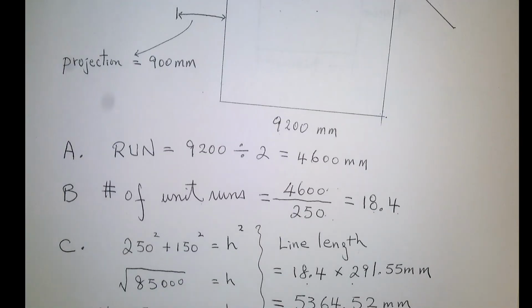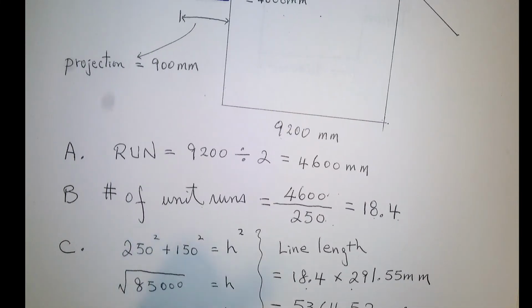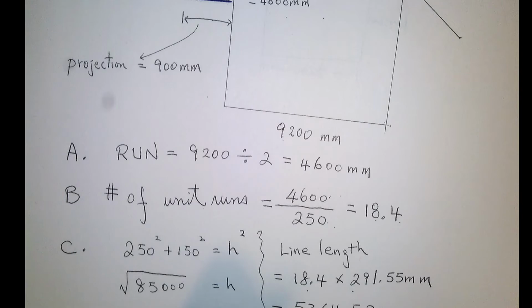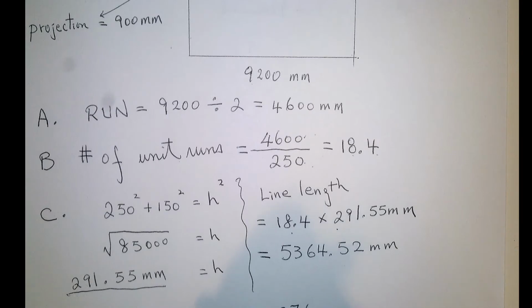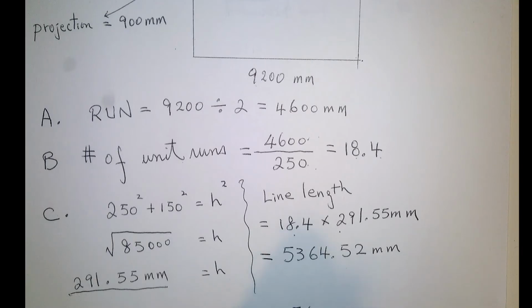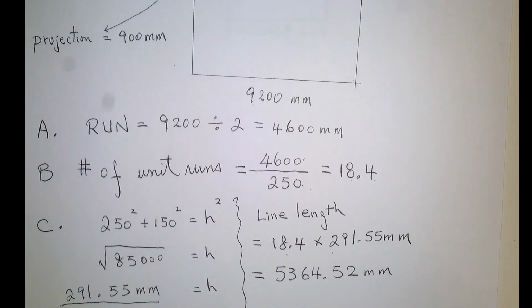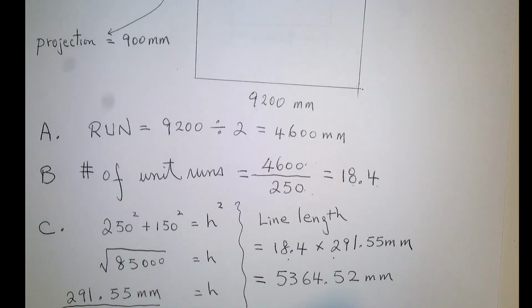So the E part is calculating the overhang, which is equal to 900 divided by 250, and that shows you the number of times increase applied to the run, comparing projection and run. That much increase should also be applied to the hypotenuse.